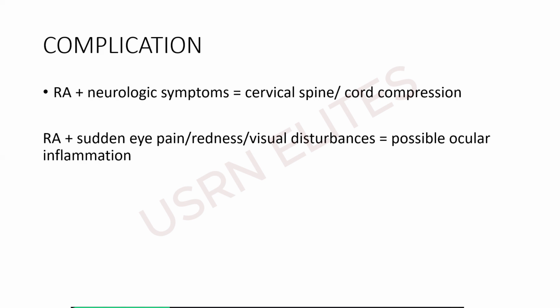So when we have rheumatoid arthritis and the patient is exhibiting neurological symptoms, what should come to mind? It means that either there's nerve compression or cervical spine compression. Because as you saw, the bone inflammation, pannus formation, damage to the joints, bone erosion, deformity, all these things, if there's a nerve running through the spine, it can compress that.